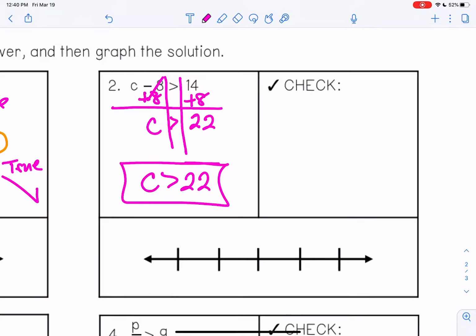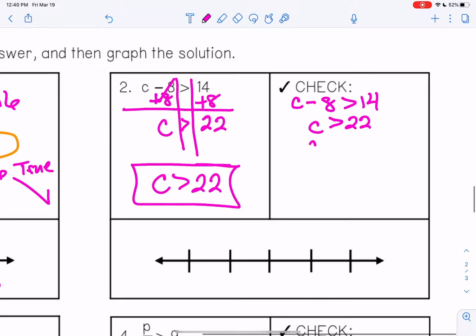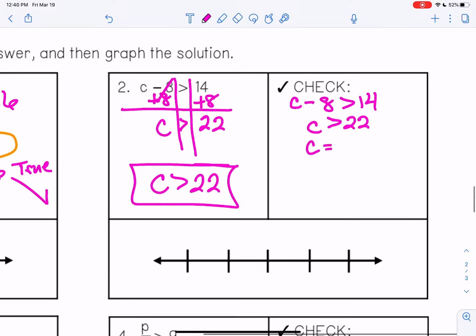I can check and make sure this is true by plugging a number back into the original equation. So if we said that c is greater than 22, I can pick any number that's greater than 22 to plug in. So I'm going to choose c is 30.